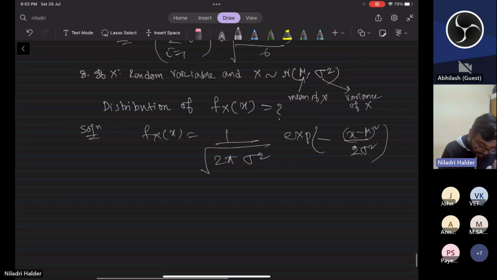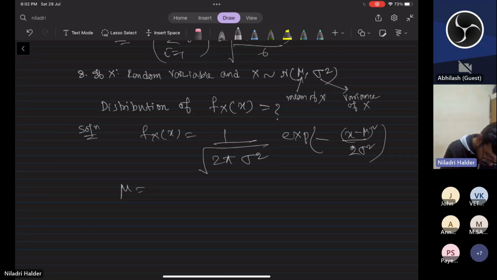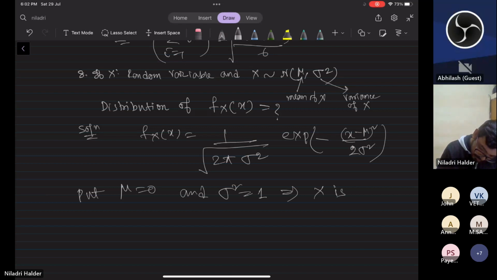So this is the formula. Now one more thing: if you put mu equals to 0 and sigma square equals to 1, then x will be a standard normal distribution.